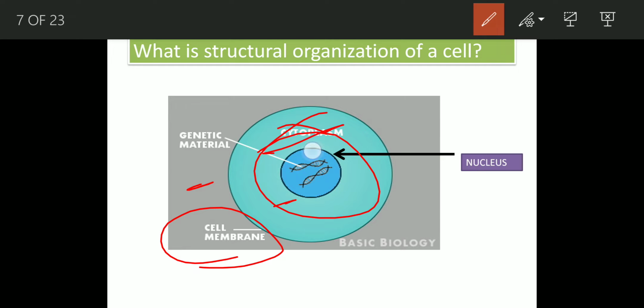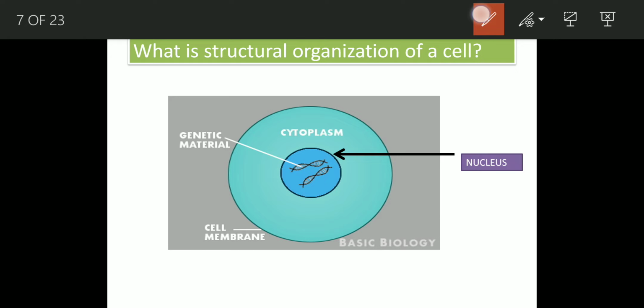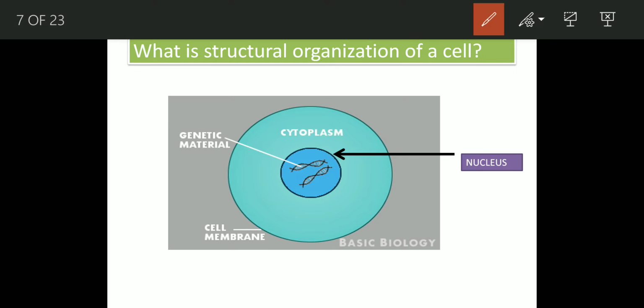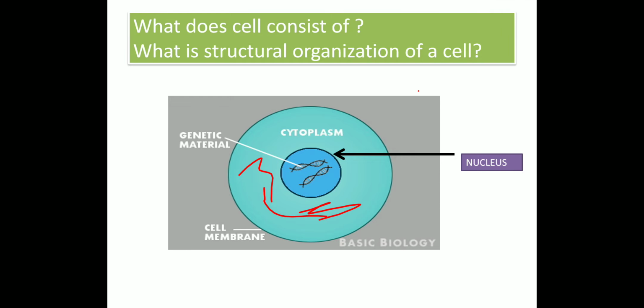Cytoplasm is the gel-like substance inside the cell. It acts as a medium for the cell organelles to survive in the cell. Different organelles live in the cytoplasm only. It is made of proteins and lipids. Then there is the nucleus, which is the center of the cell. You can see the nucleus here.